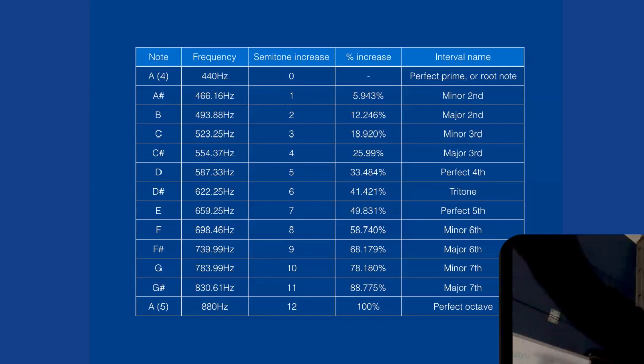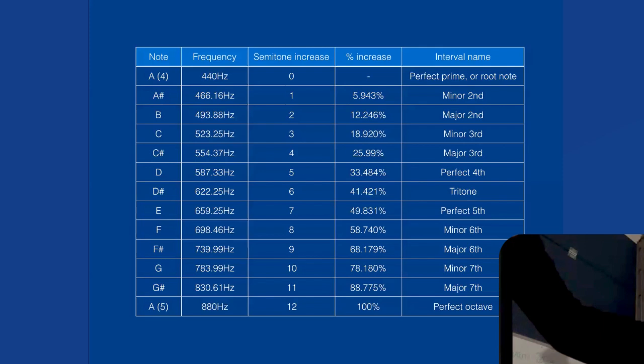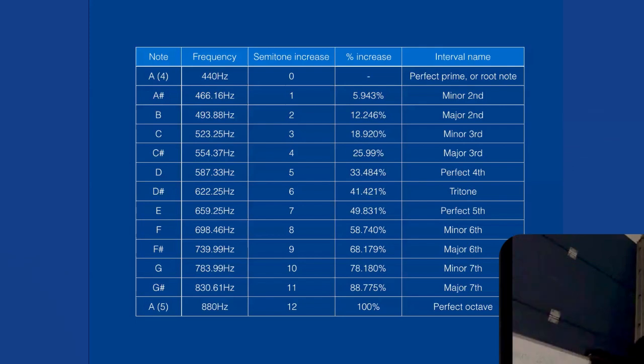Using what's in the first two columns there, as you can see, the relationship of an octave is a 100% increase on the lower note. So with the A, it's 440 hertz. With the A at the bottom of the table, it's 880 hertz. We can work out the same for A sharp.